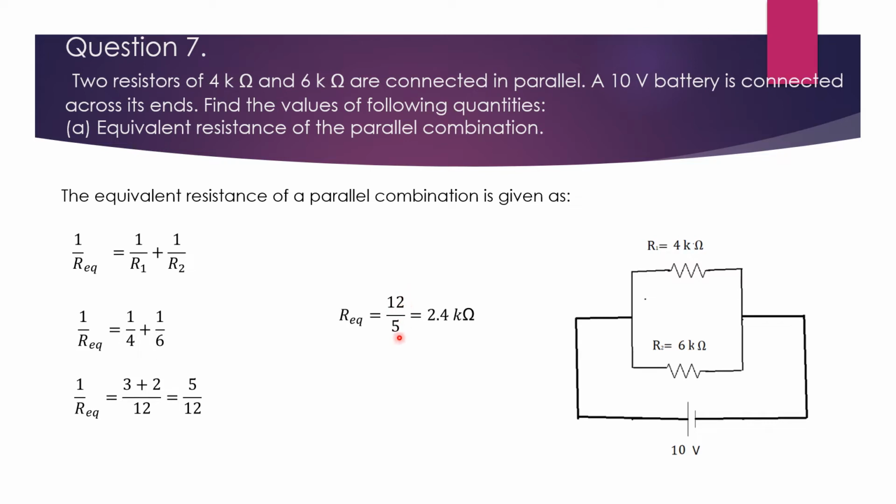Since there is only one digit in the denominator, that is the number 5, put a decimal after one digit. So doubling 12 means 24, decimal after one digit, that makes it 2.4 kilo ohms. For any number divided by 5, just double the number and put a decimal after one digit. You will get the answer.